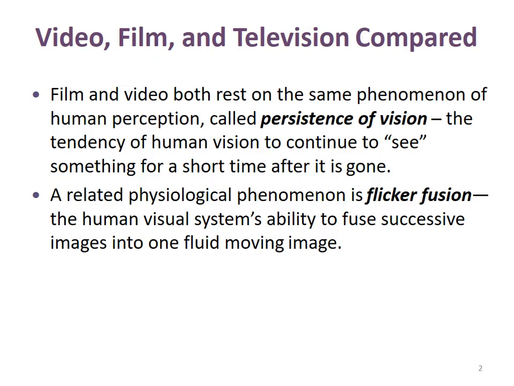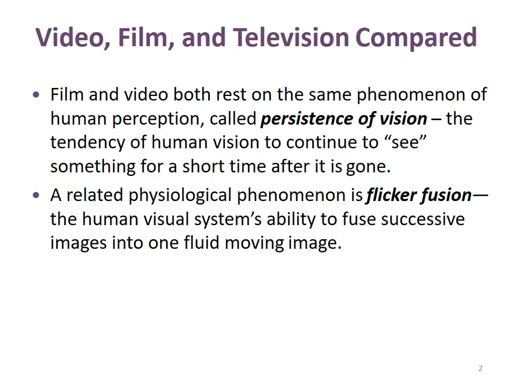Film and videos both rest on a phenomenon of human perception, which is called persistence of vision. When we are watching movies or videos, actually they are single frames, frame by frame, but we play these frames in a sequence.